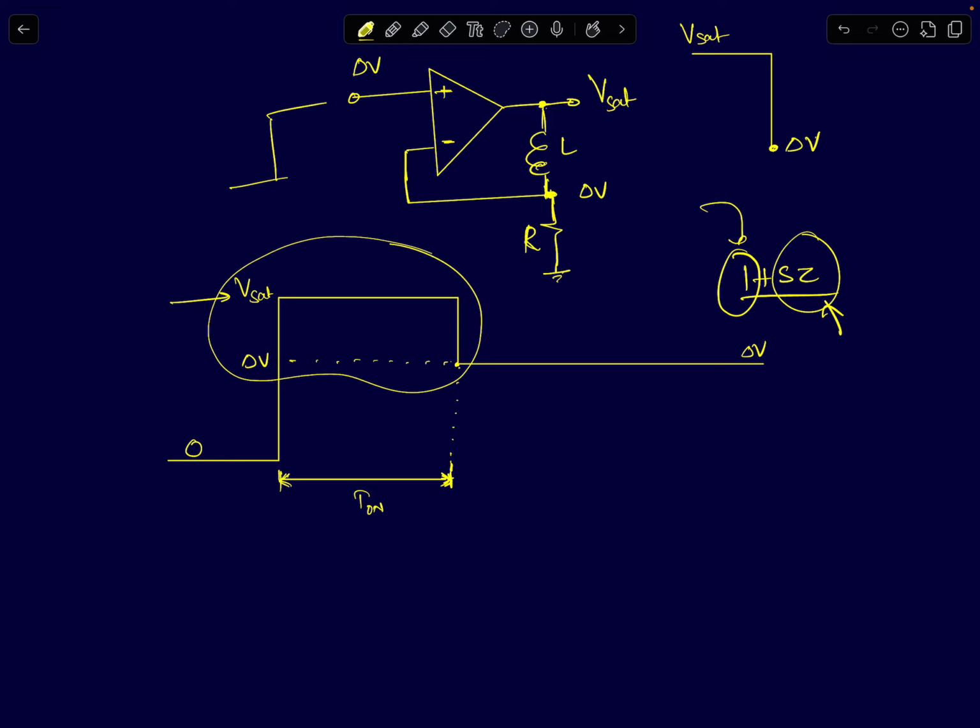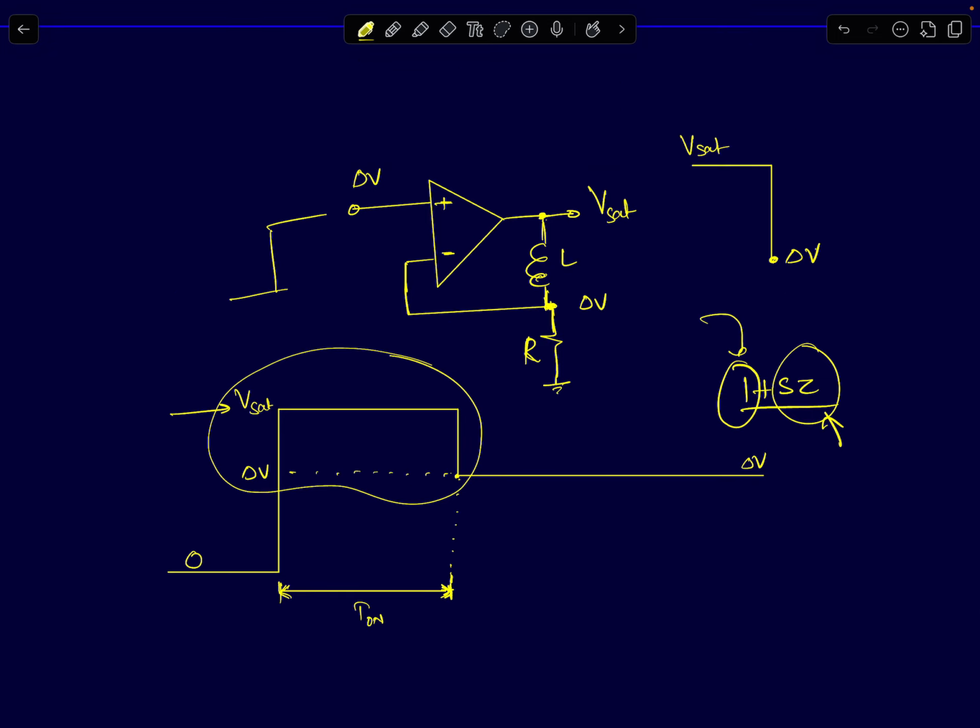So that's the behavior of an RL circuit. I just explained here that the circuit reaches steady state when the output jumps directly from Vsat to delta V. You can also assume the op-amp reaches the high gain mode with finite gain, and derive mathematically that the steady state operating point is reached when the output reaches delta V volts.